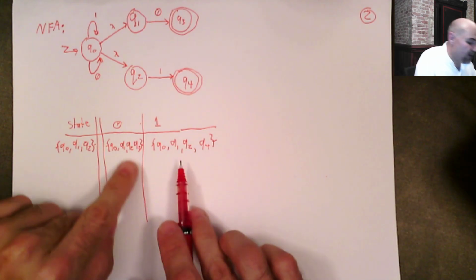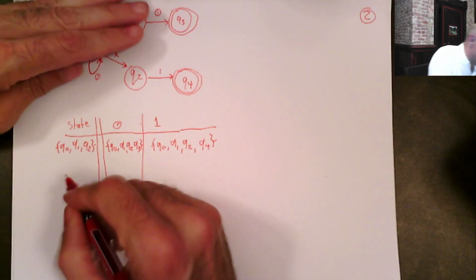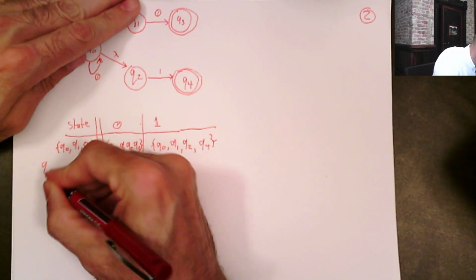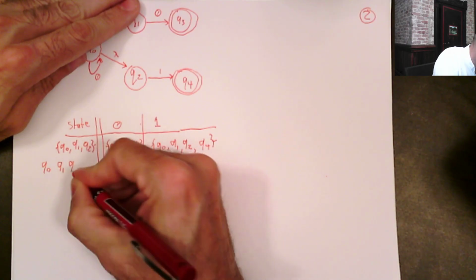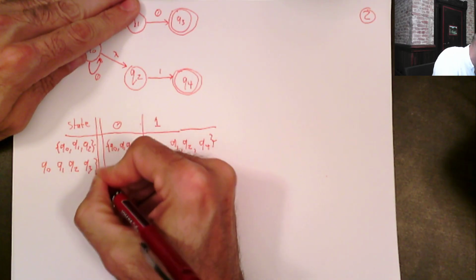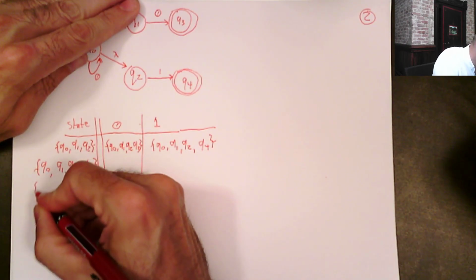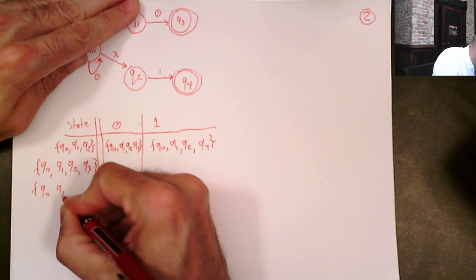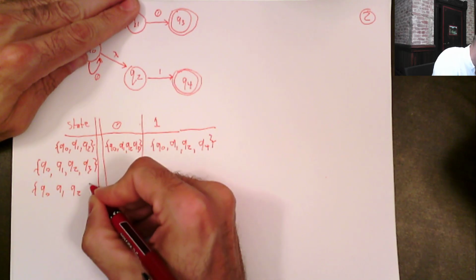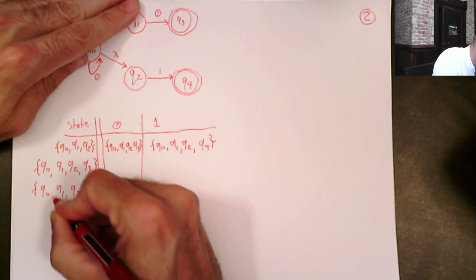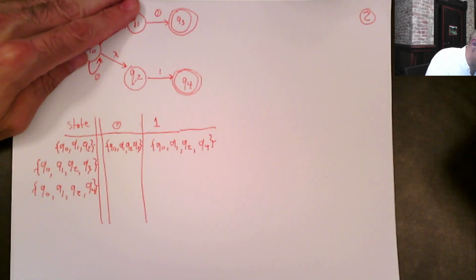So now I don't have either of these states in my state list, so I need 0, 1, 2, 3. So Q0, Q1, Q2, Q3. I didn't have that one, and I also don't have Q0, Q1, Q2, Q4. So I've added 2 new states.